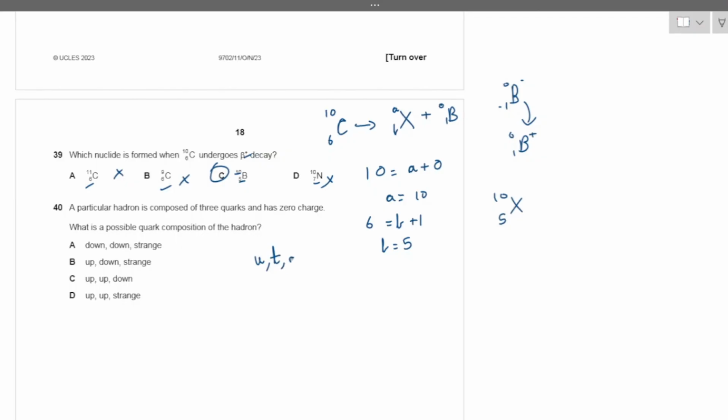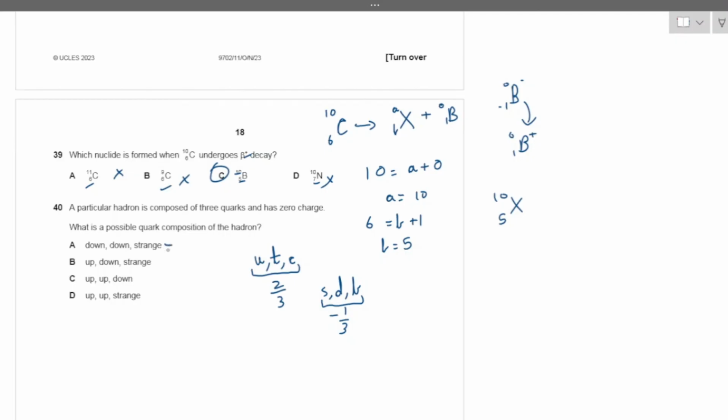I'm going to write it in short form: U, T, C and S, B, D. Up, top, charm, strange, down, bottom. Strange, down, bottom all have a charge of minus 1 by 3. Up, top and charm have a charge of 2 by 3. With this, you can then work out which one must be the correct one.